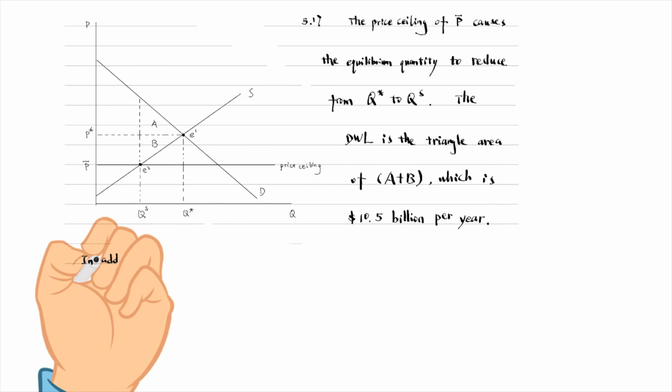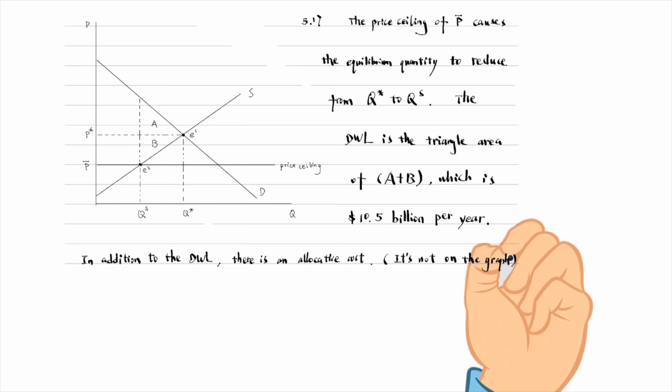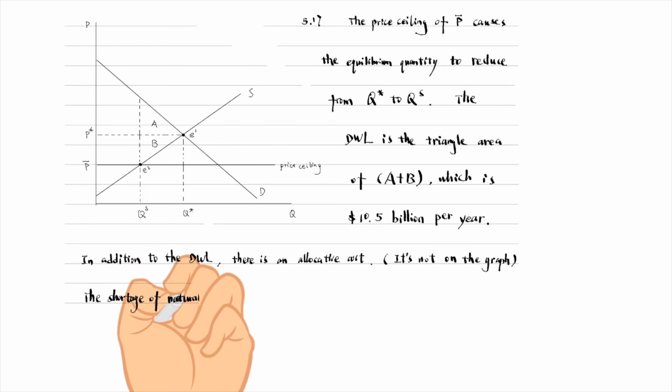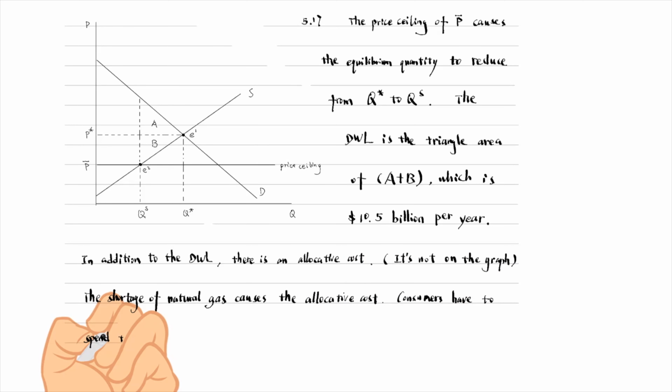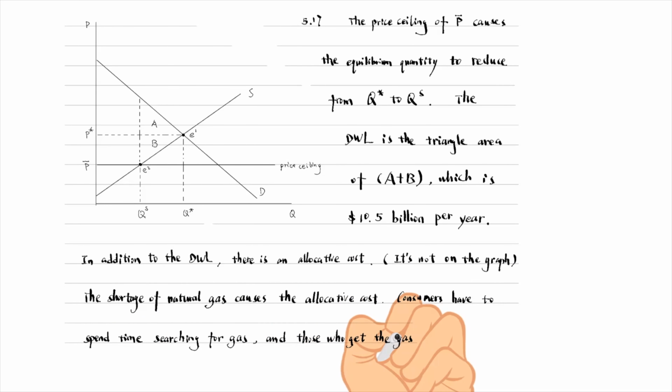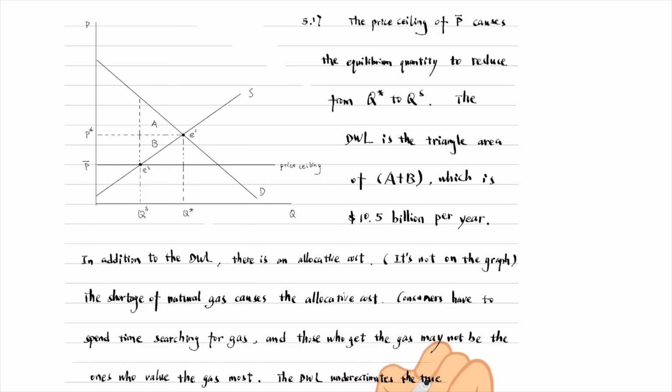In addition to this deadweight loss, there is an allocative cost that is not on the graph. The shortage of natural gas causes the allocative cost. Consumers have to spend time searching for gas, and those who get the gas may not be the ones who value the gas most.